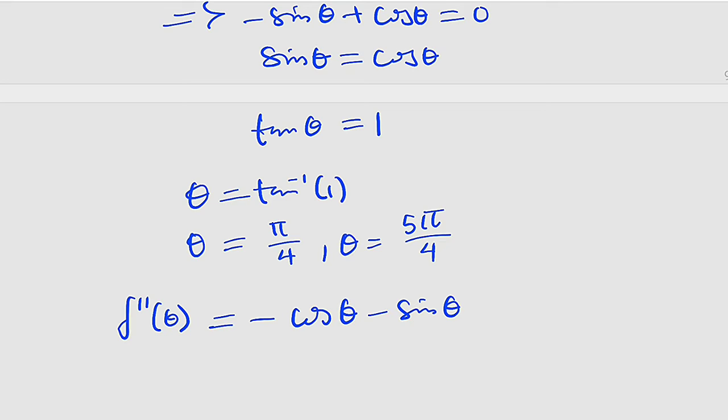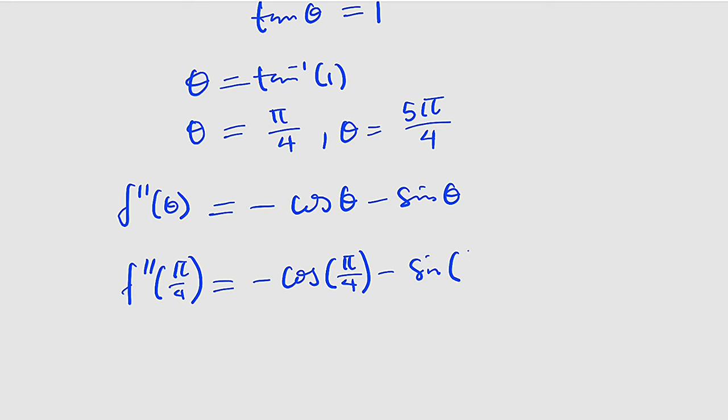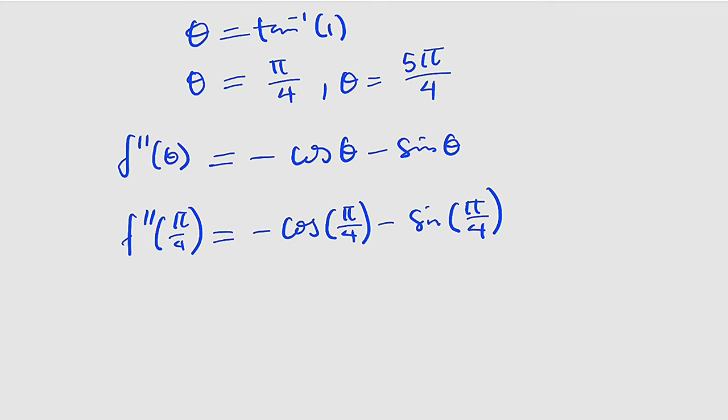To find which of these will give us the minimum, we are going to plug in these two values. Let's start with the first one. F double prime of pi divided by 4 is equal to negative cosine of pi divided by 4 minus sine of pi divided by 4. Cosine of pi divided by 4 is equal to root 2 divided by 2.